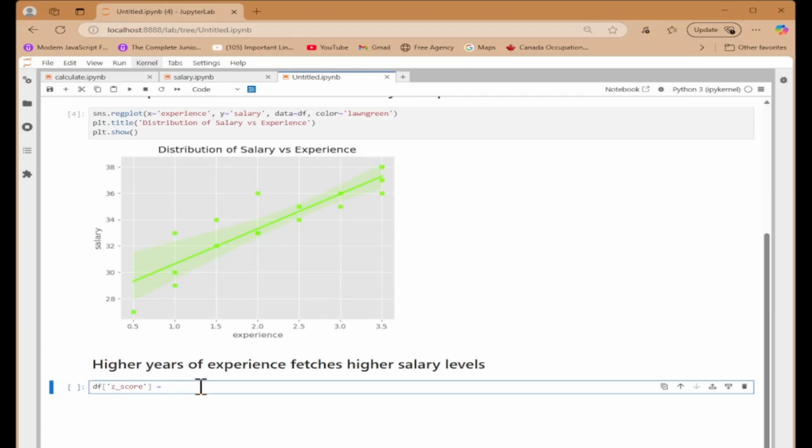So here we are calculating with df salary. df salary minus df salary dot mean, because for x bar we need to get the mean of the salary.